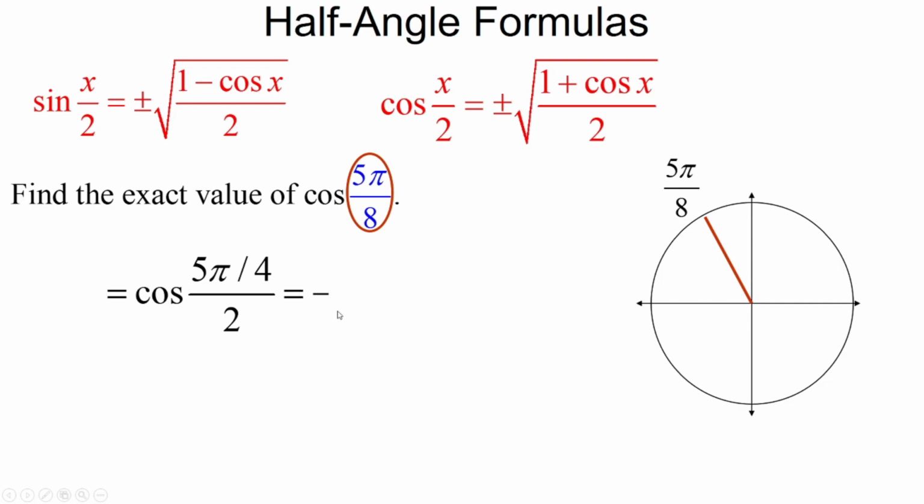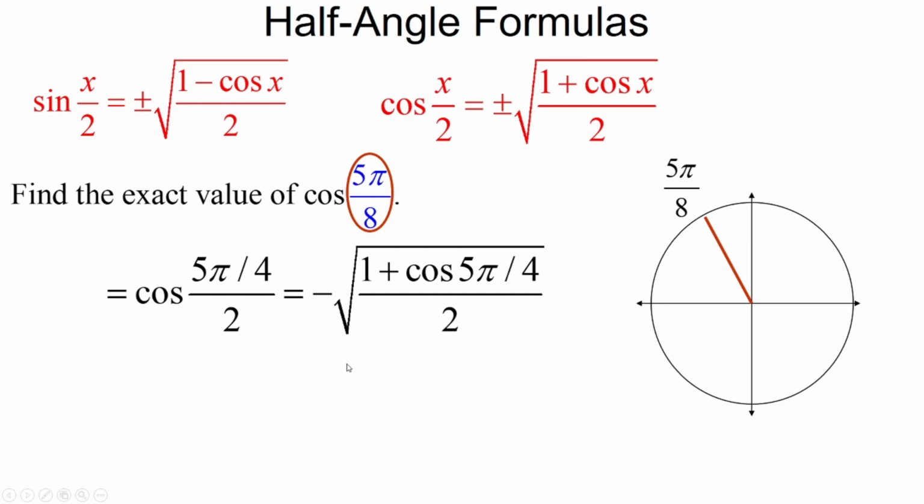So I'm going to use a negative, and then now I've got to think to myself, well, let's use our identity. I've got the negative. Here comes my radical with the 1 plus cosine of x, which now the x is 5 pi over 4. All right, let's simplify that. So equals negative radical 1 plus cosine of 5 pi over 4.